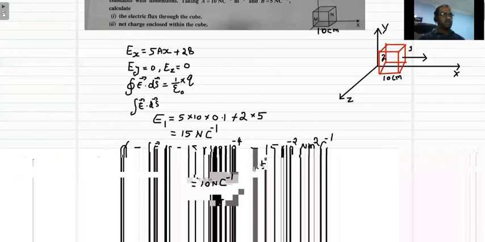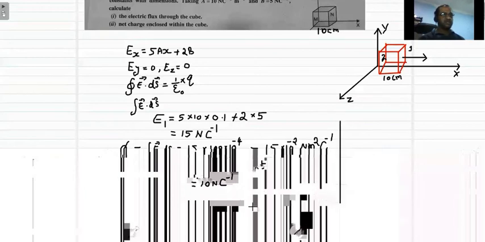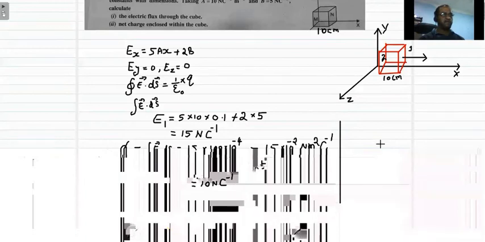Then what will be phi 2? If you want to calculate the electric flux passing through the second surface, that is phi 2, we can calculate the integral of E dot ds.